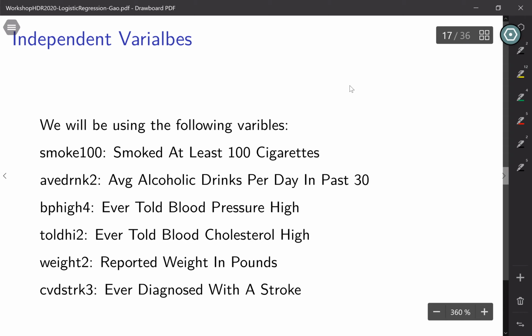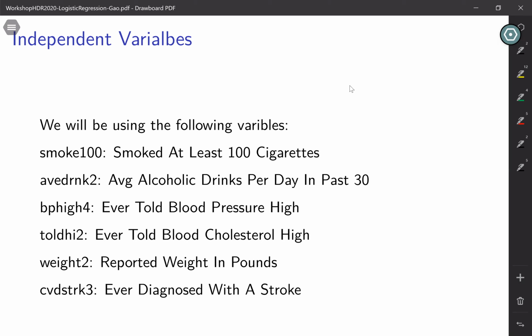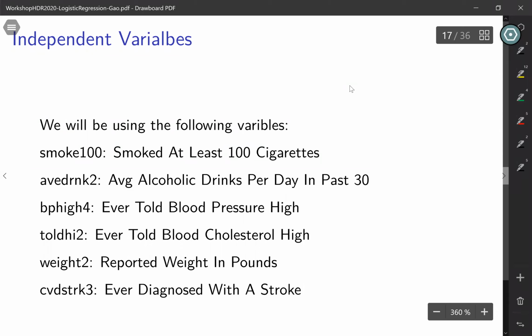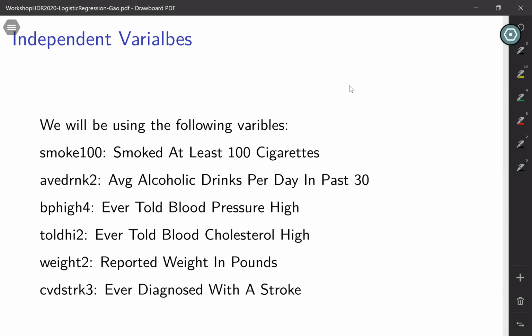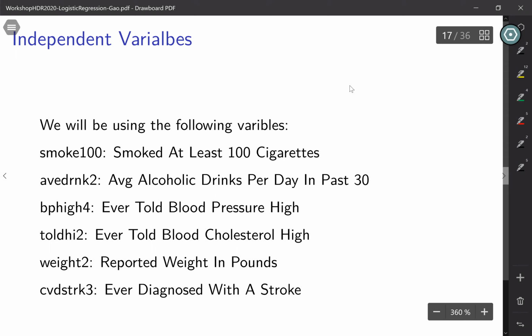One variable is smoke: smoked at least 100 cigarettes or not. We know smoking is not good, and many studies show that smoking is related to stroke. And alcohol drinking, which is also a behavior of the patients.